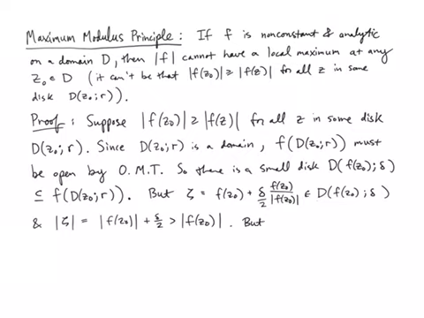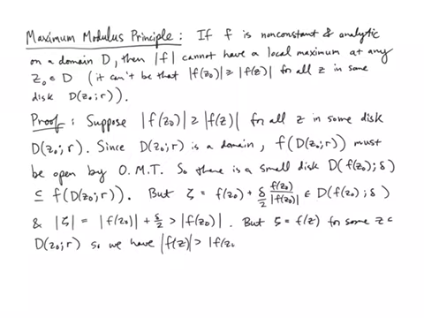But zeta equals f of z for some z in the disk around z naught of radius r. So we have the norm of f of z is greater than the norm of f of z naught. And that's a contradiction. Okay, and so that's the proof.